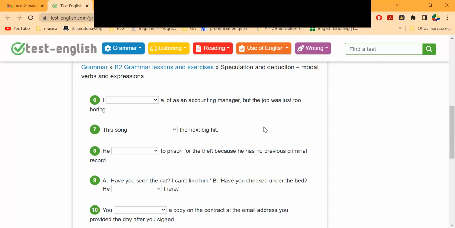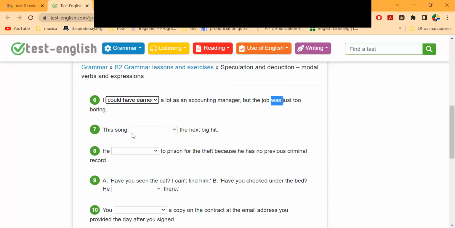I earned a lot as an accounting manager, but the job was too boring. Past tense. Ah, no, y esto es especulación, esto ni siquiera pasó. I could have earned. Absolutely. I could have earned. Pude haber ganado mucha plata como gerente de contabilidad. Pero la pega era demasiado fome.